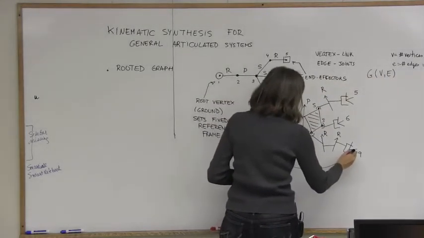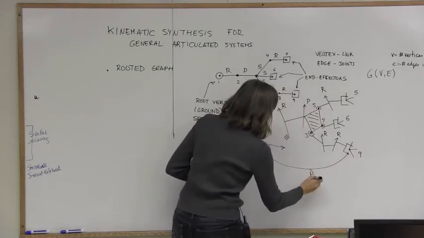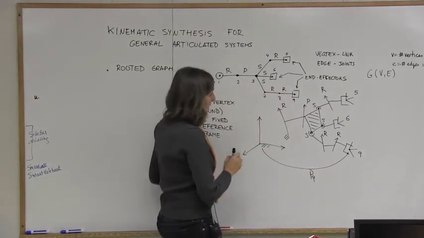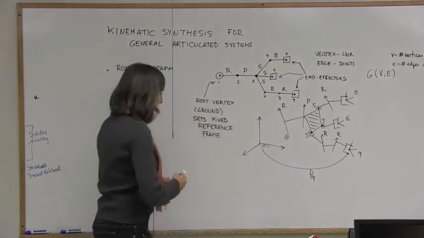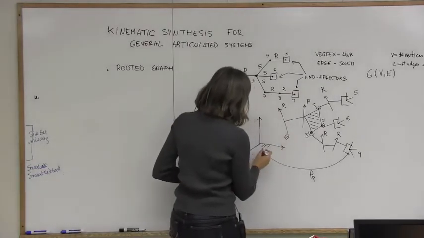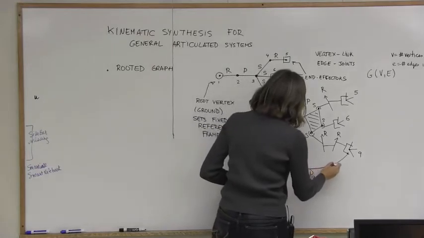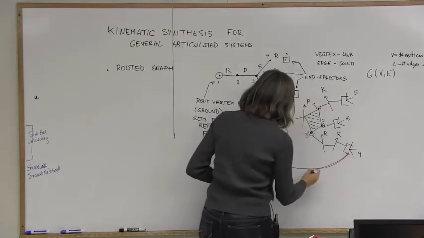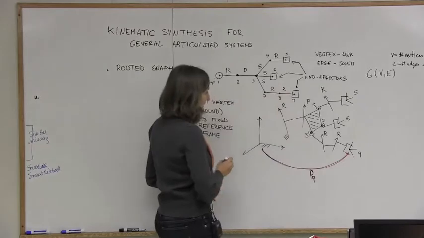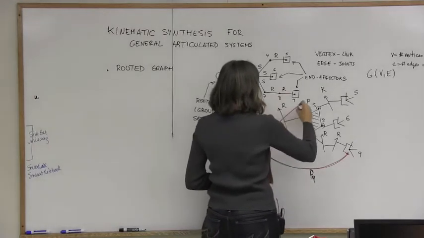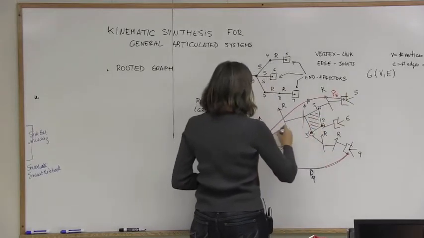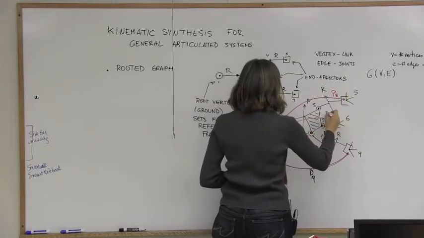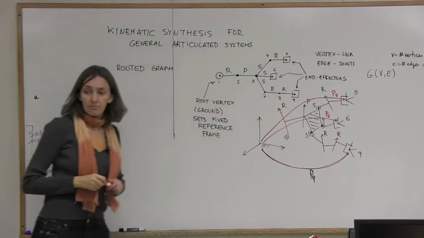So for instance, this over here is what we are going to call P9. This is P5, and here we have P6.